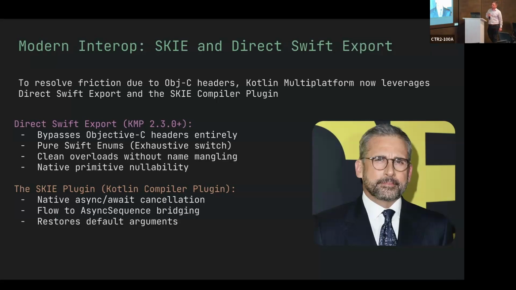So when you combine both of these, we start to be able to use proper async awaits in iOS with cancellation, because that was a big problem. Even when you got async awaits working, you would have no way to cancel them. So that was fun. Flows are now flows, Kotlin coroutines are async sequences, and then again you get the default arguments back, which is super great.